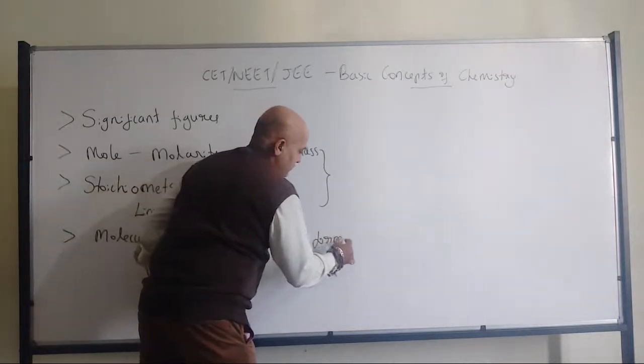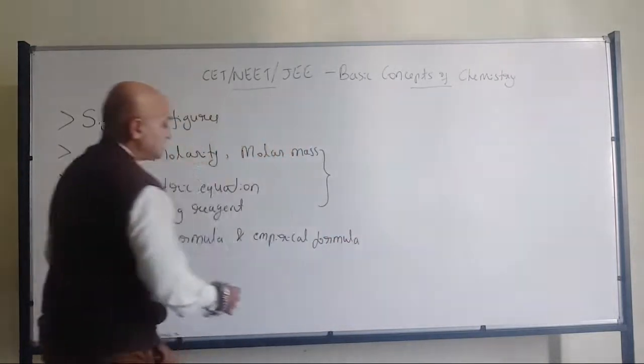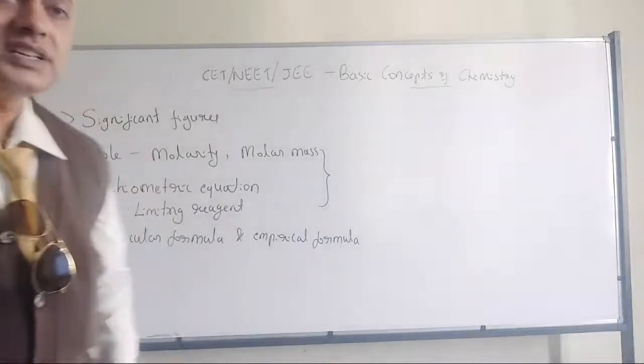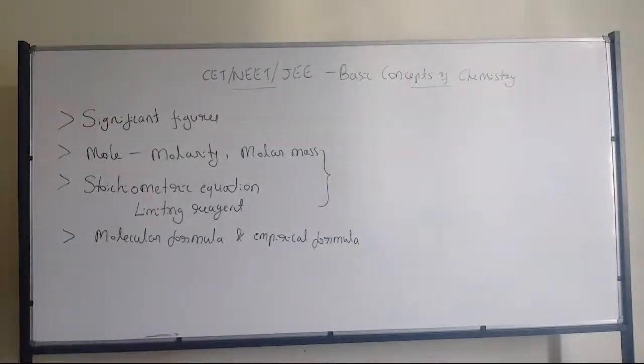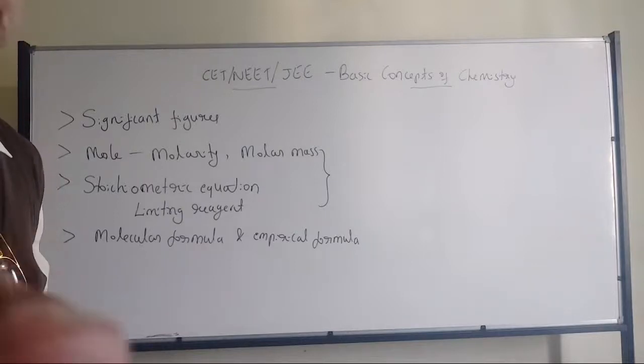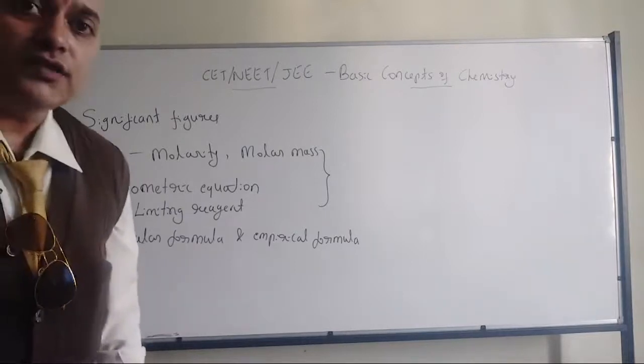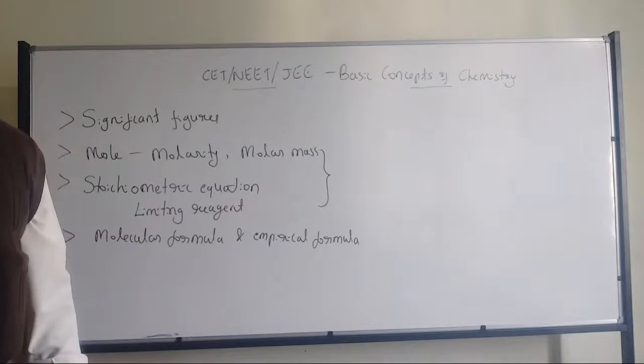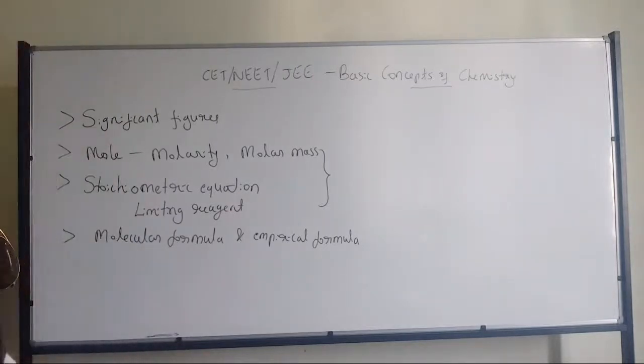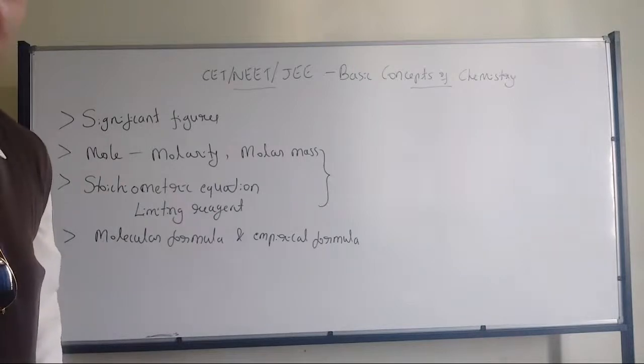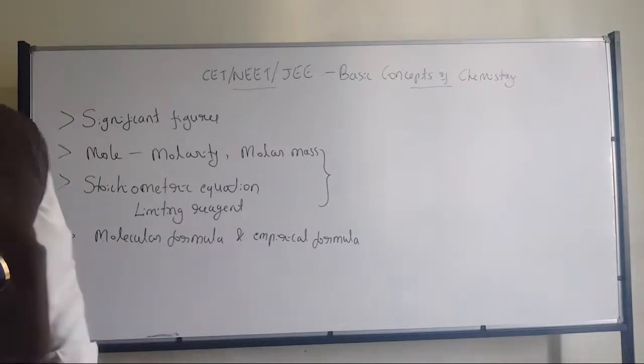Okay, so from this part also they have asked, but still with respect to the molar mass, molarity, stoichiometric equation, they have asked many questions. All of you have understood? Fine. So that's where we can see the important concepts with respect to the competitive exams.